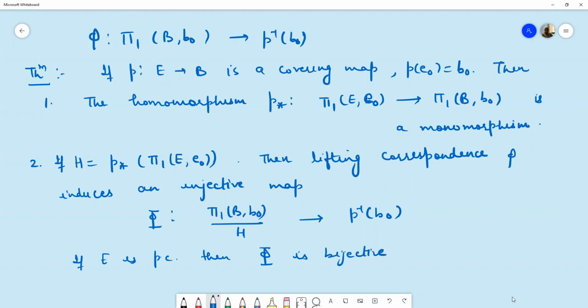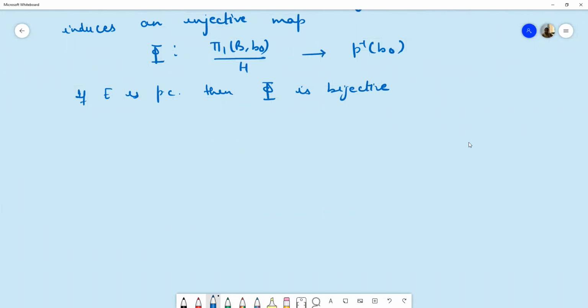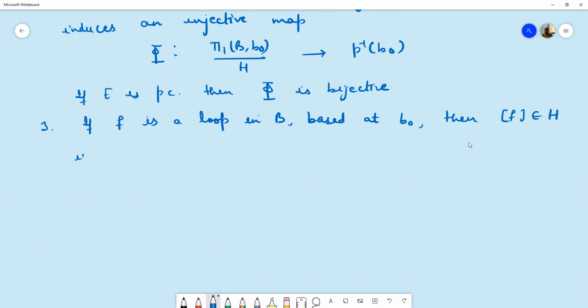And the third part is that if we take f to be a loop in space B based at point b0, then its path homotopy class will belong to the group H if and only if f lifts to a loop in E based at e0.